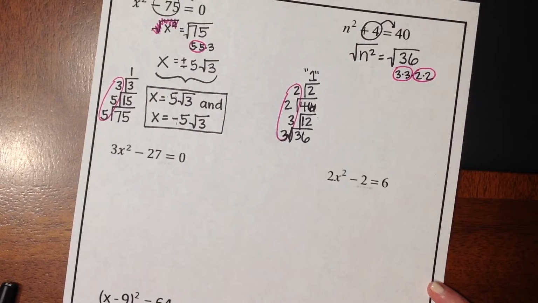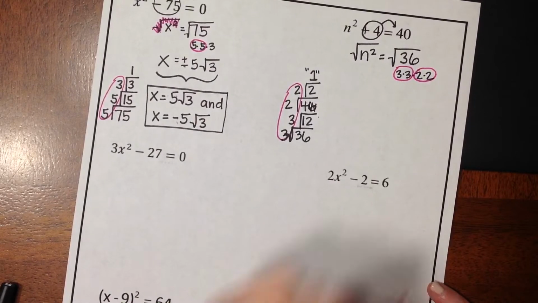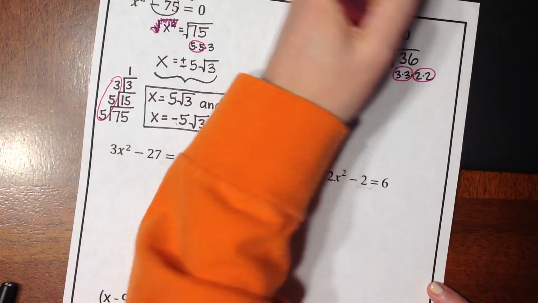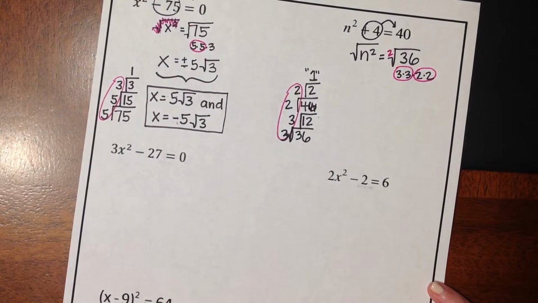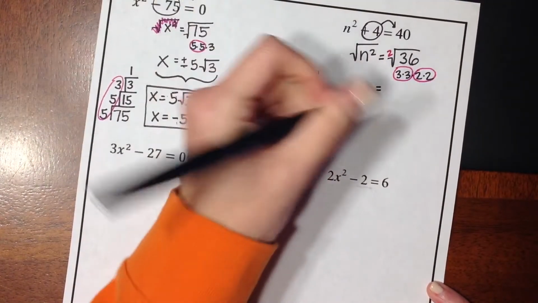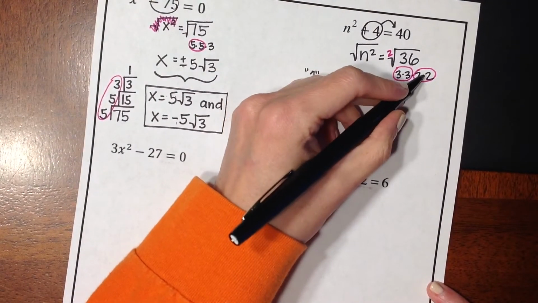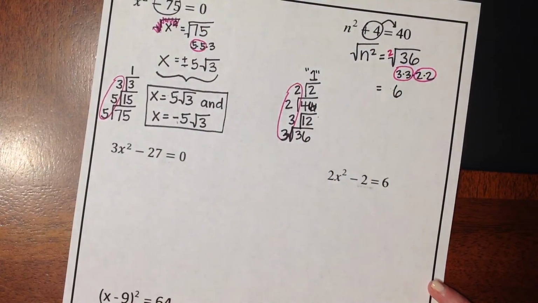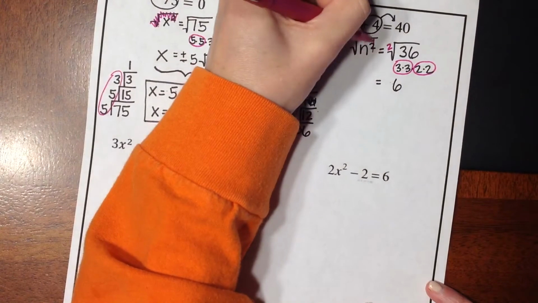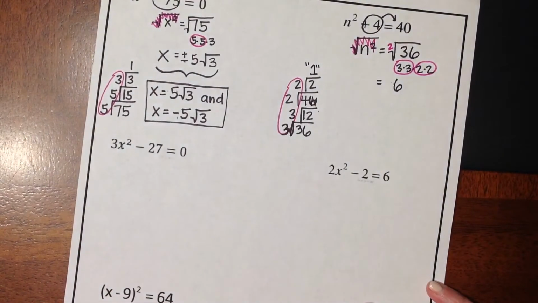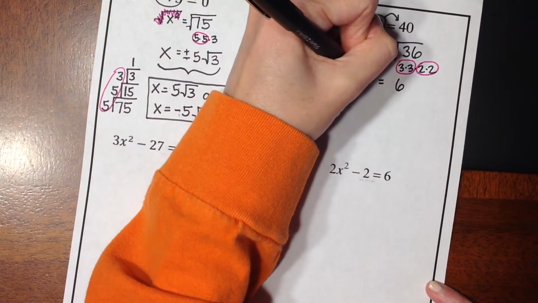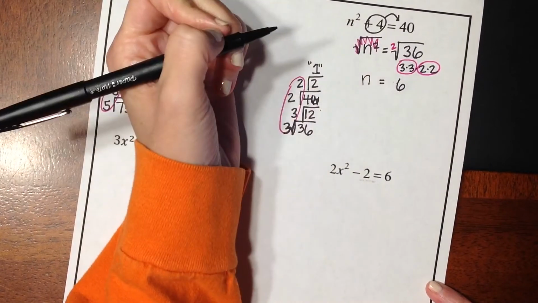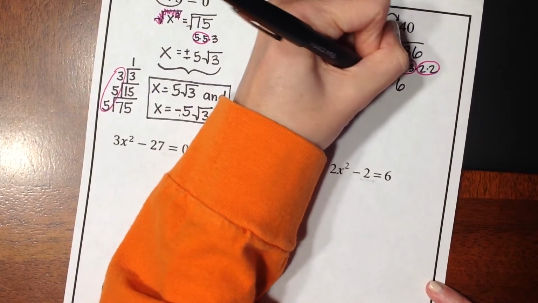So I can make a group of 3s and a group of 2s, because remember our index is an invisible 2. So that is going to mean I can pull out 1 3 and remove 1 2, so that would make 6. And so now I'm going to cancel out my square root and squared, so I'm just left with n equals. And when I take the square root of a positive whole number, I get 2 answers.